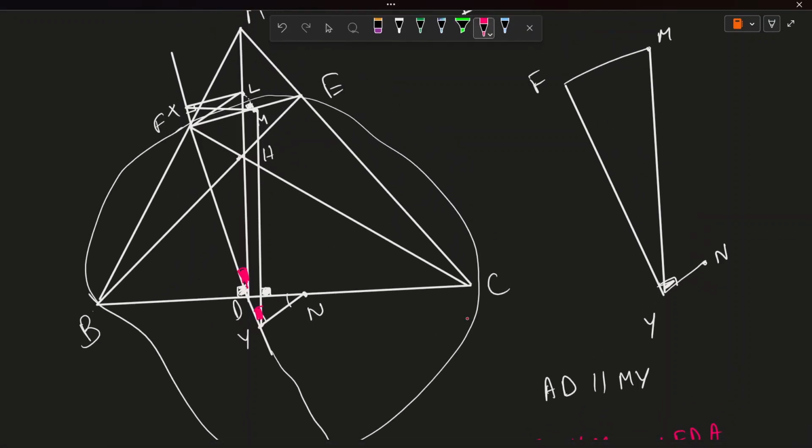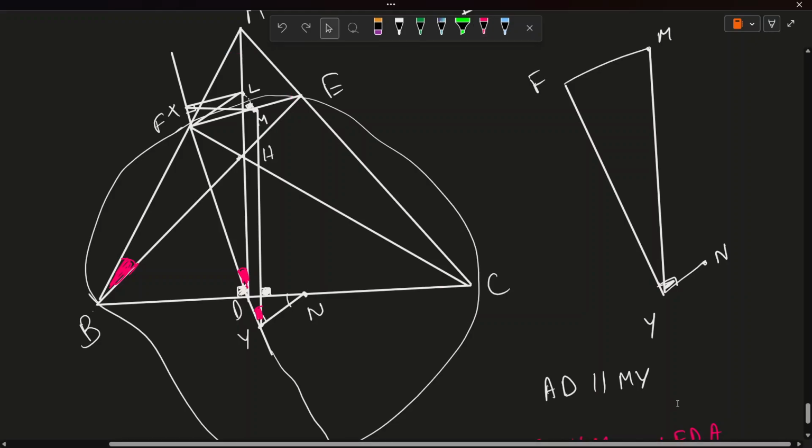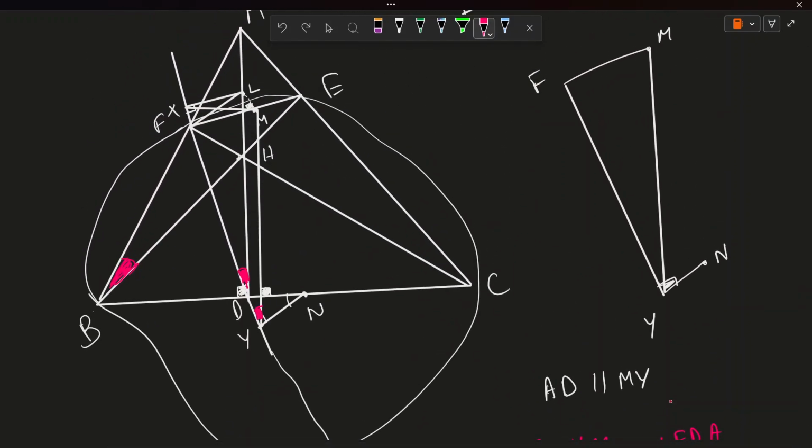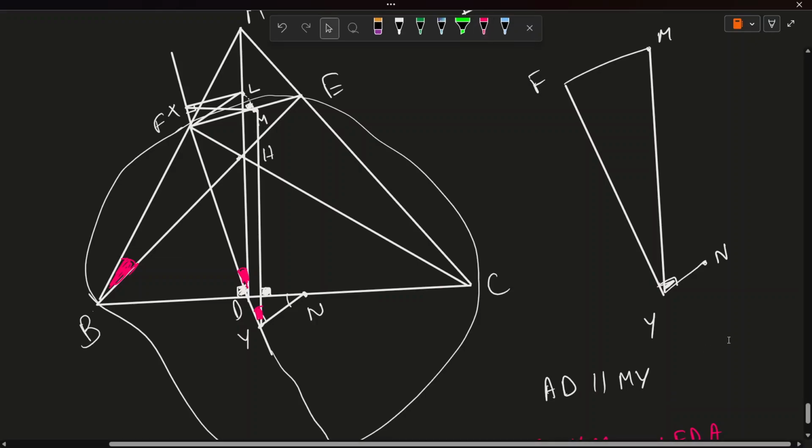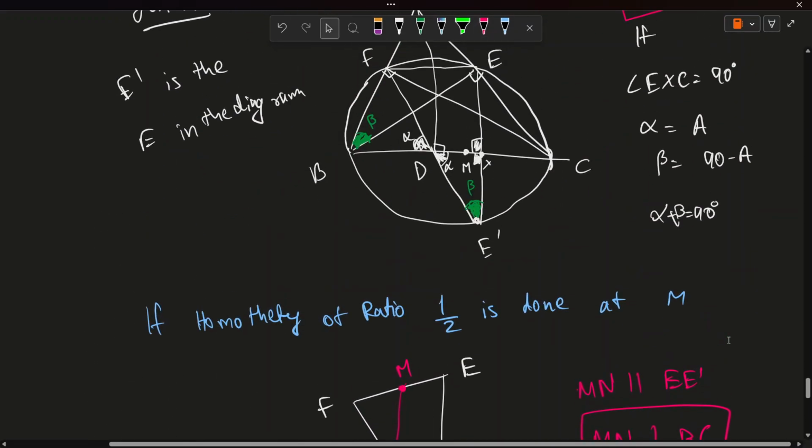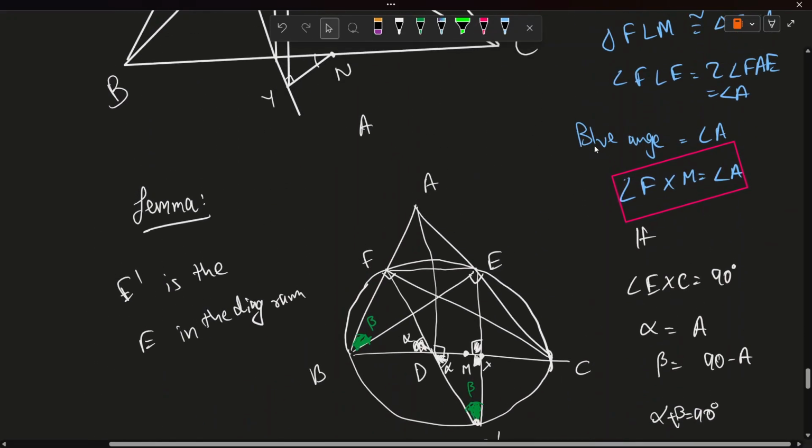Because BFHD is cyclic, so this is also equal to the red angle, and because this angle is 90 degrees, this is 90 minus A because the top angle is A. So this is a short proof of why this right angle is equal to 90 minus A. And we have just proved a few minutes earlier that angle FXM is equal to angle A.